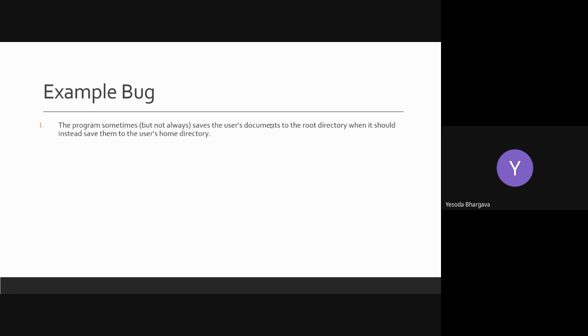So there is a program that is supposed to save some documents in the user's home directory, but it is sometimes saving those documents in the root directory. Now, what guesses can you make of why this could be happening? What are the possible things that you can think of that could be leading to this kind of situation?